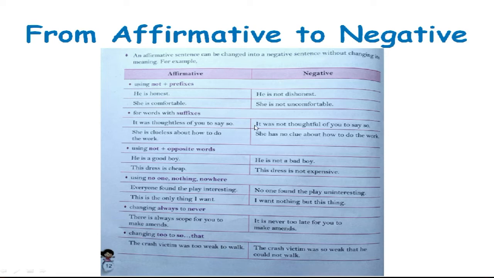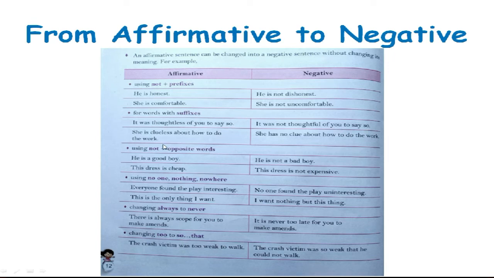So what will you do? You are writing the opposite of this word. What is the opposite of thoughtless? Thoughtful. And you add not, so it becomes it was not thoughtful of you to say so.